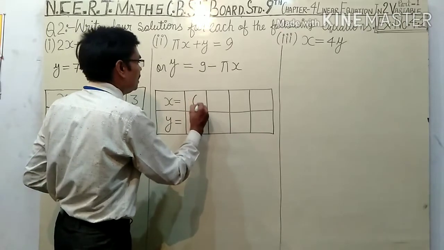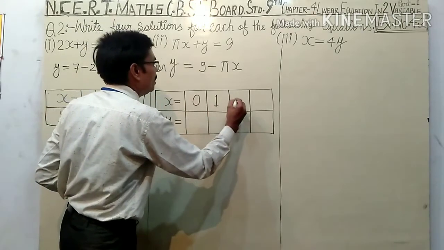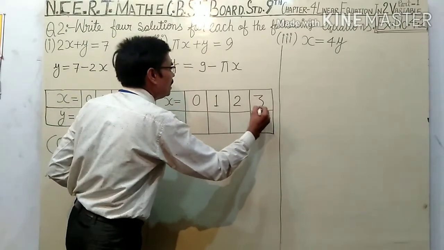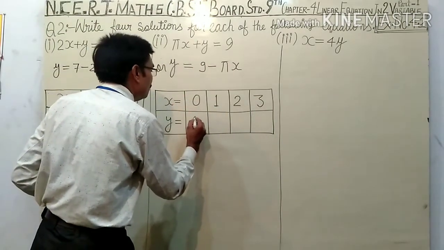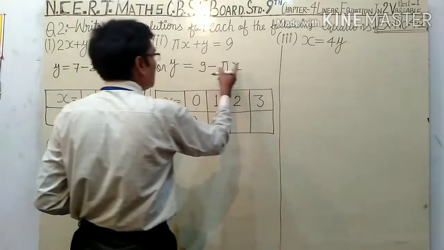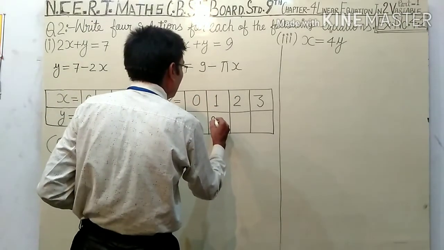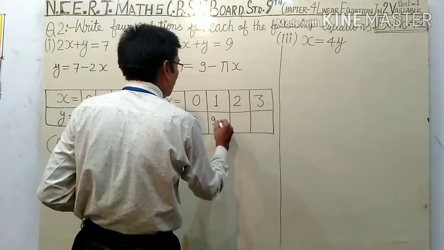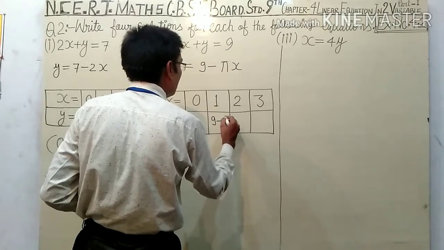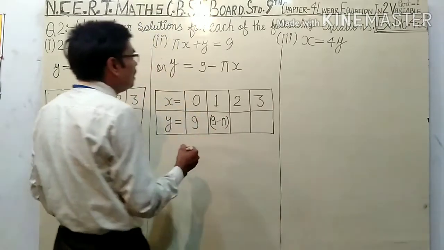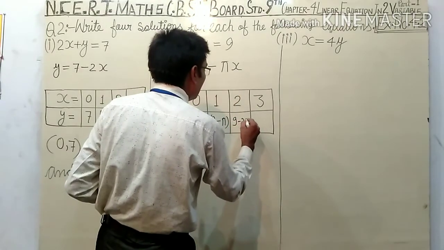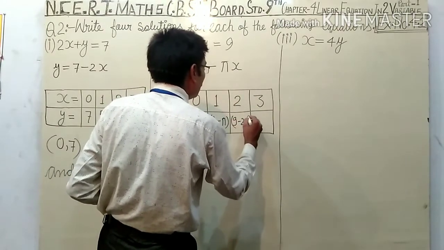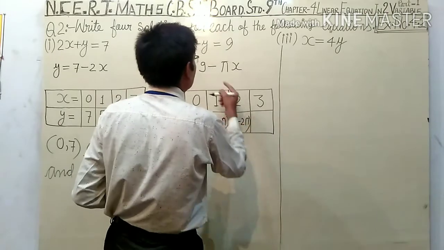Taking 0, 1, 2, 3, we get 9 minus 0, 9. 9 minus pi, 9 minus 2 pi, also 9 minus 3 pi.